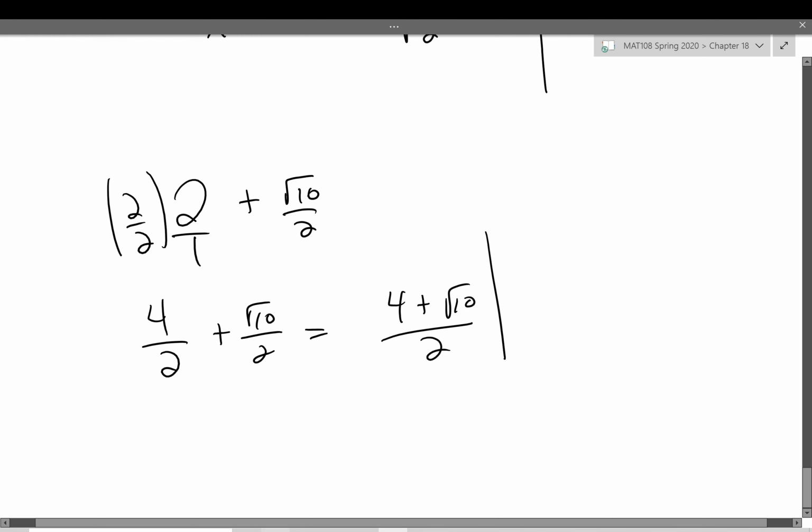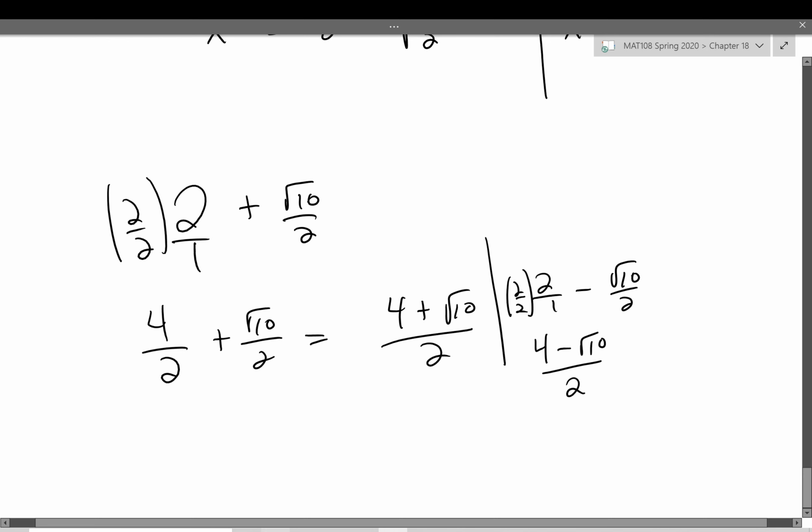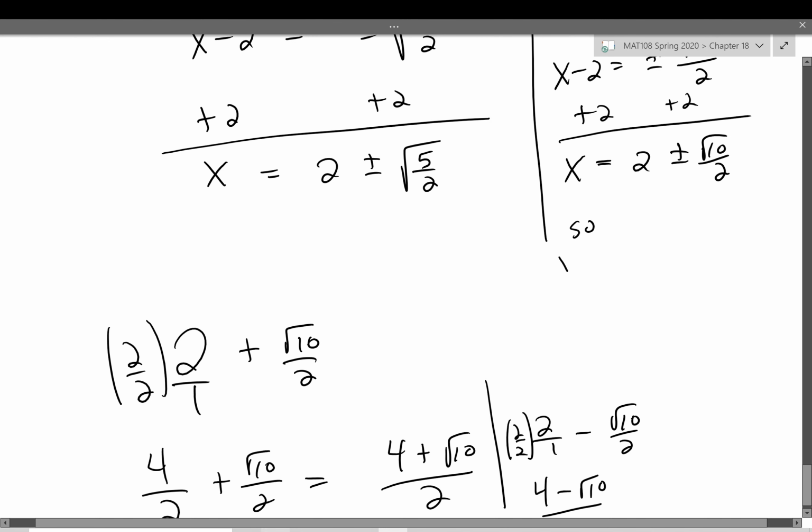And the same would apply if you put the minus sign there. You would still get the same exact result. So x would equal 4 plus or minus the square root of 10 over 2.